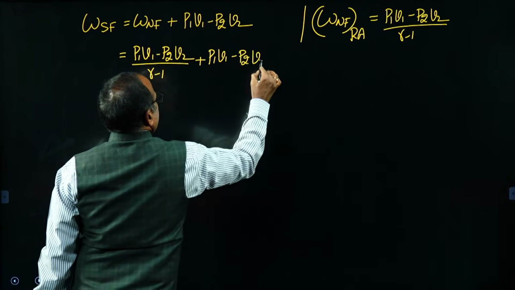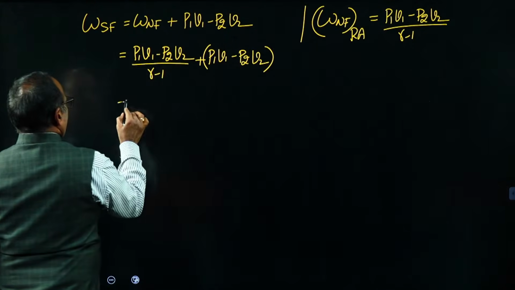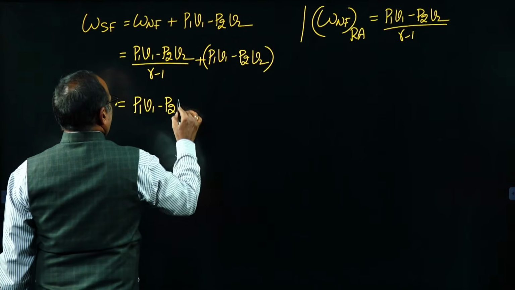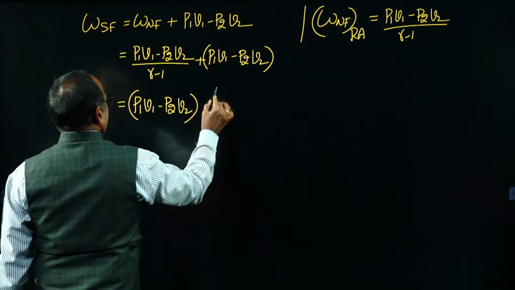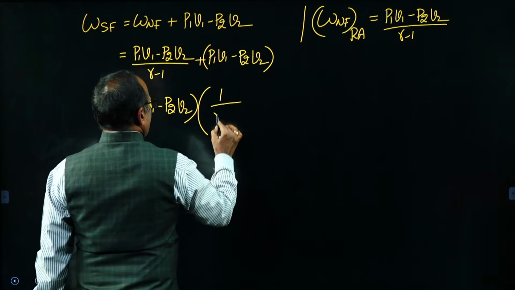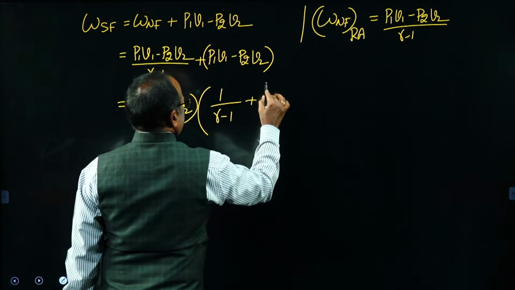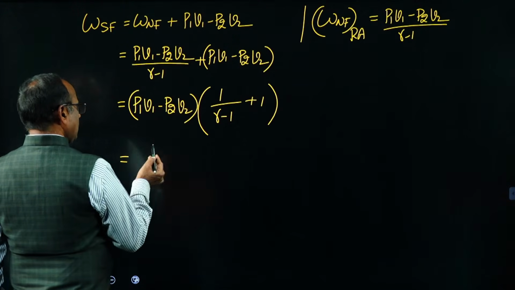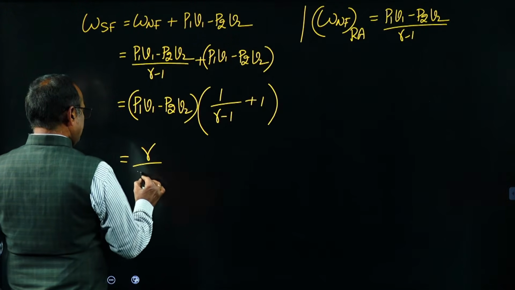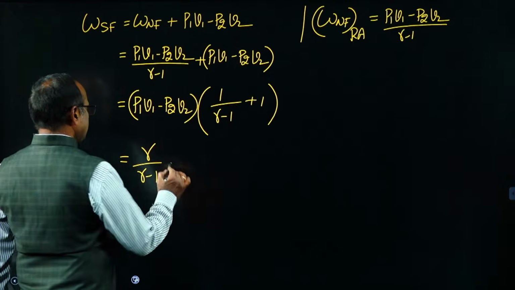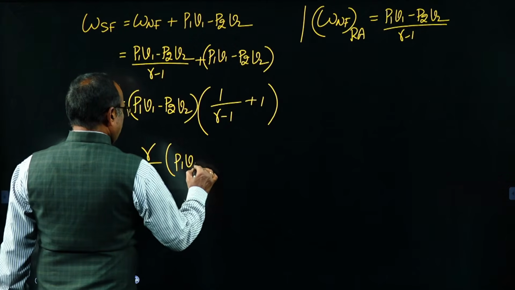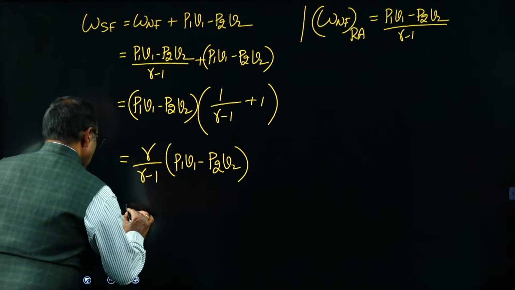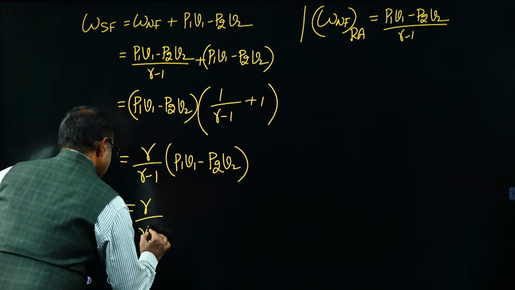P2V2. Let us write P1V1 minus P2V2 outside, with 1 by gamma minus 1 plus 1. Simplify that value to get gamma by gamma minus 1 into P1V1 minus P2V2.